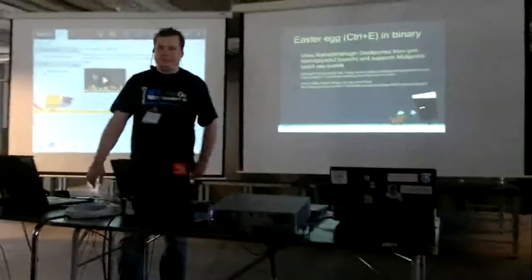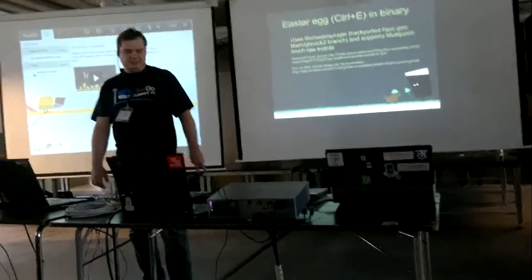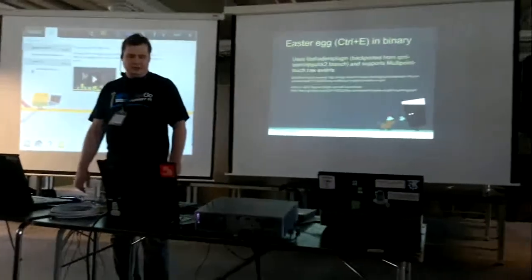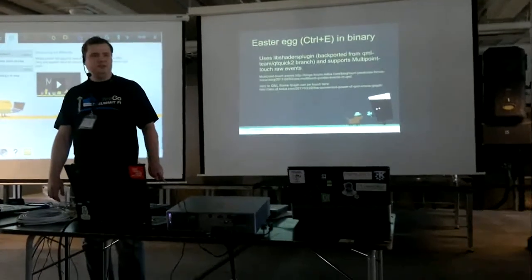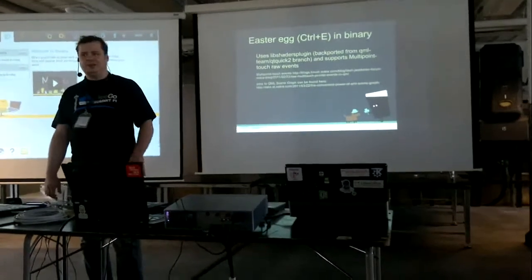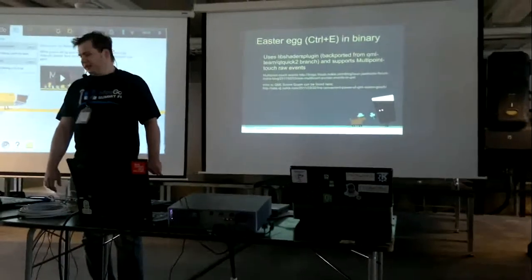Then I also included one Easter egg in my application. There's a Control-E, which demonstrates a couple of the things that are not in the mainline. So the QML raw multitouch events and some libshader plugin.